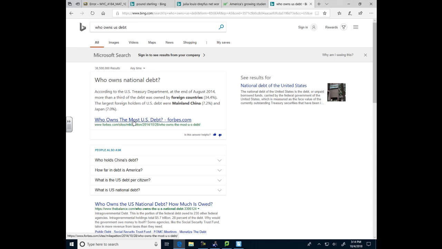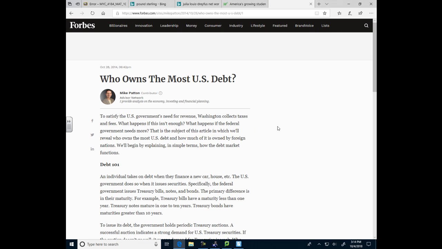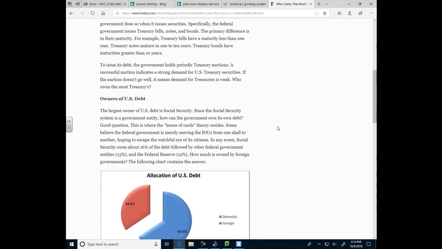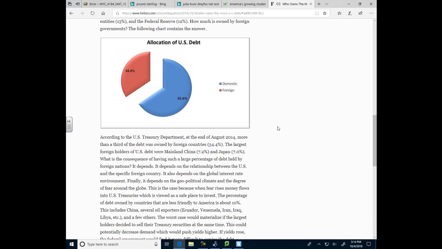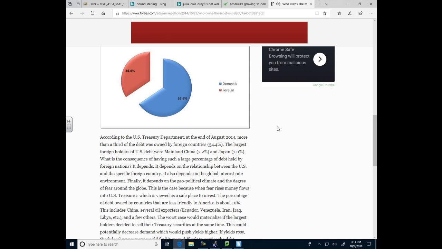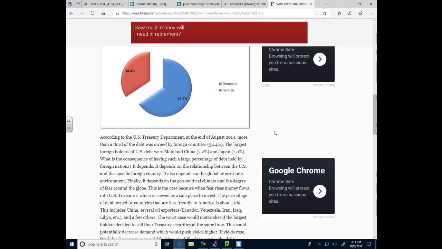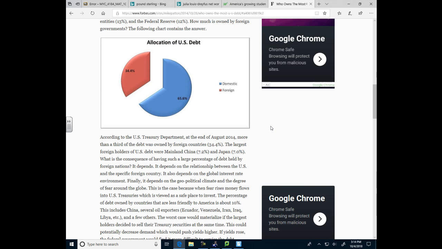Well, it's still not right. According to Forbes, they're a big financial magazine. You ever heard of the Forbes 500? Those are companies. They put out a list every year of the richest people.